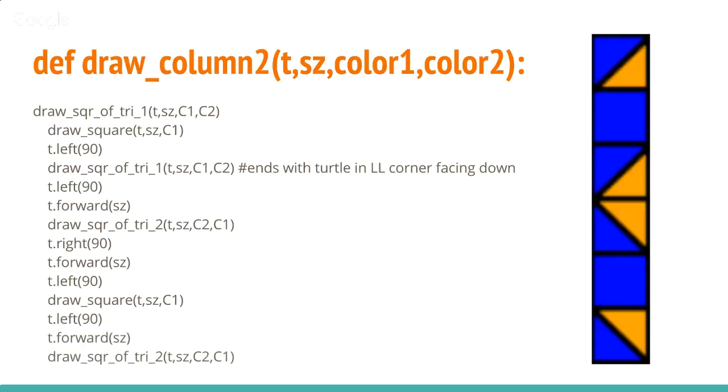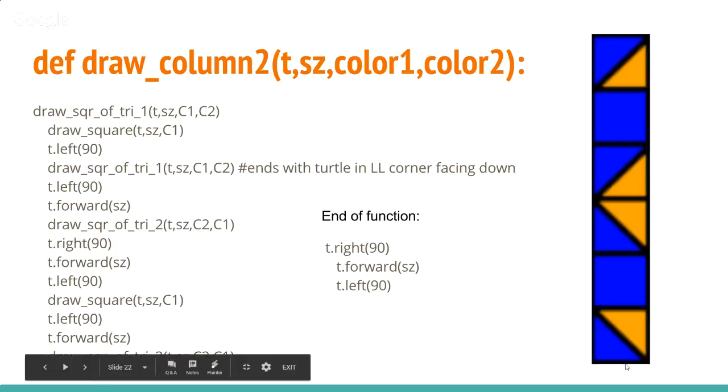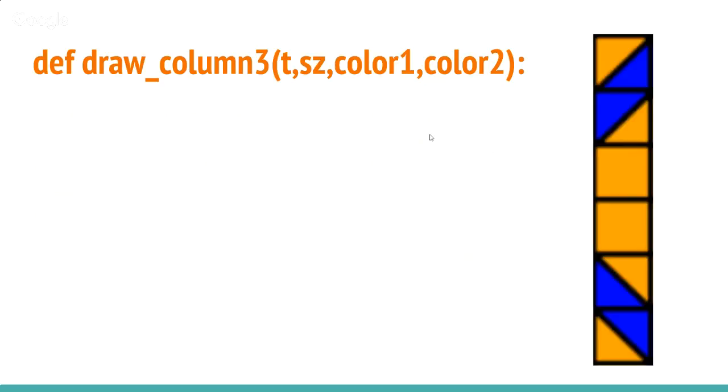Then we move on and set up for the last square, which is the square of try 2. And then we set up for the next function, that way my reset would work accordingly.